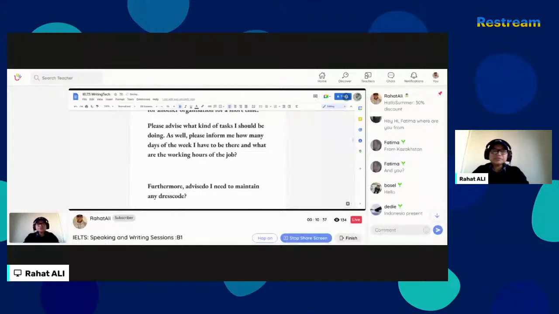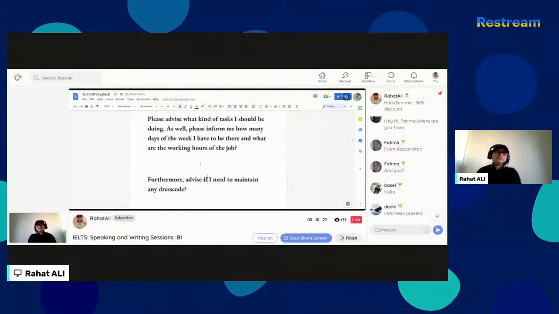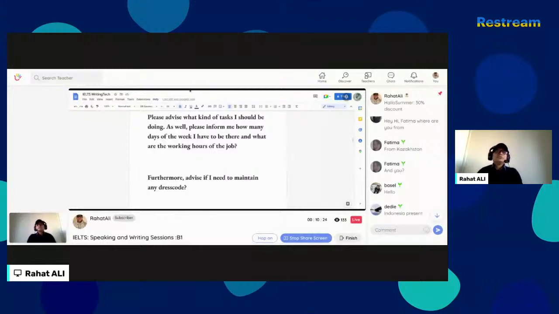Advise if I need to maintain any dress code. So remember, when you're working somewhere, some office or some big organization, they might have some dress code, and that's very important for you to know, because it's an official job, and obviously you have to be compliant according to all their requirements.